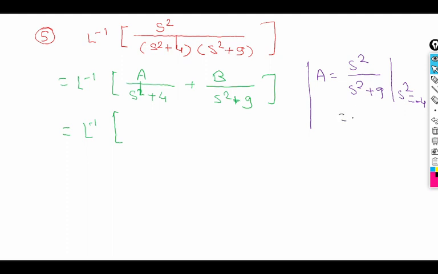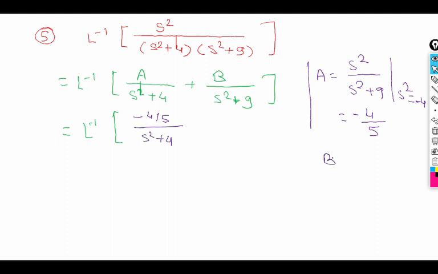So it is minus 4 upon minus 4 plus 9 is 5, minus 4 by 5. So we got minus 4 by 5 as the value of A, divided by s square plus 4.